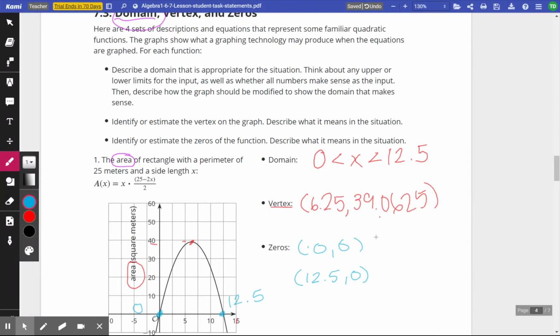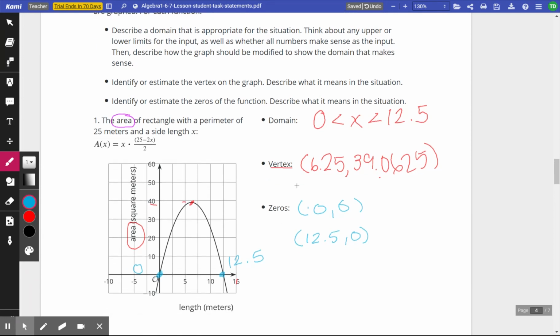So notice that it says describe what this means in the situation. So for the vertex, what this means in this situation is that's the maximum area that you could have with this specific rectangle and the perimeter of 25 meters and a side length of x. So let's say you were trying to maximize the area given a specific perimeter. This would be it.